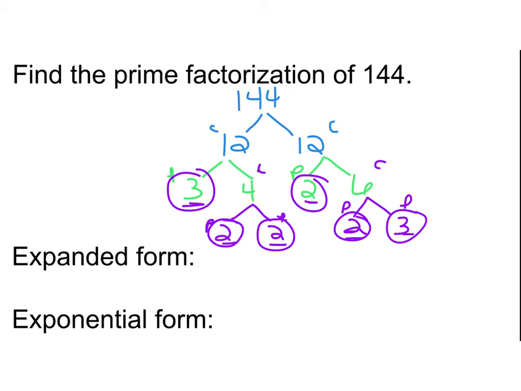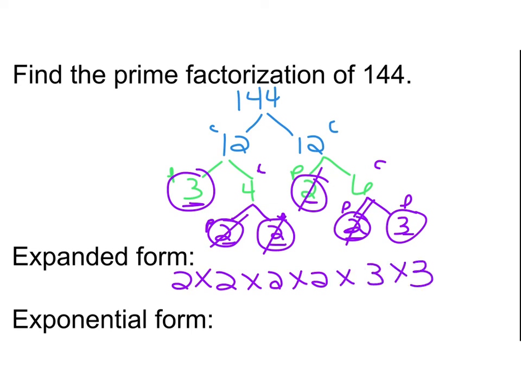So now I'm going to go ahead and do my expanded form. And I'm going to put them in order again. So 2, and you don't have to, but I suggest you do, times 2, times 2, times 2. So I got 2, 2, 2, and 2. And then we have times 3, times 3, 3, and 3.